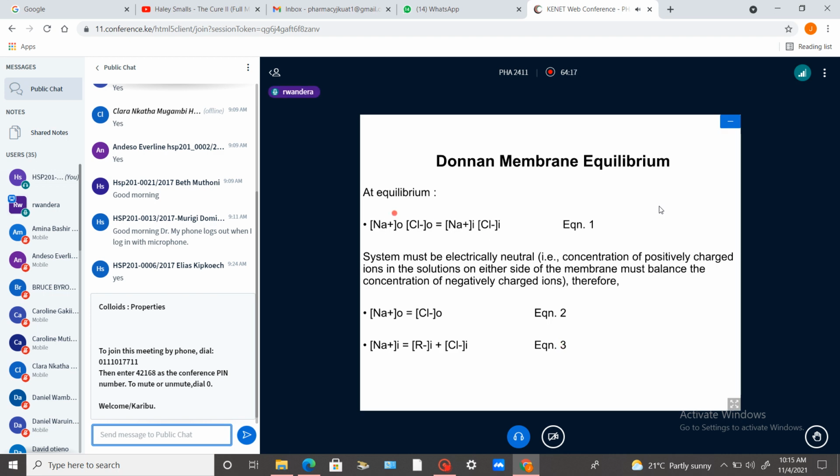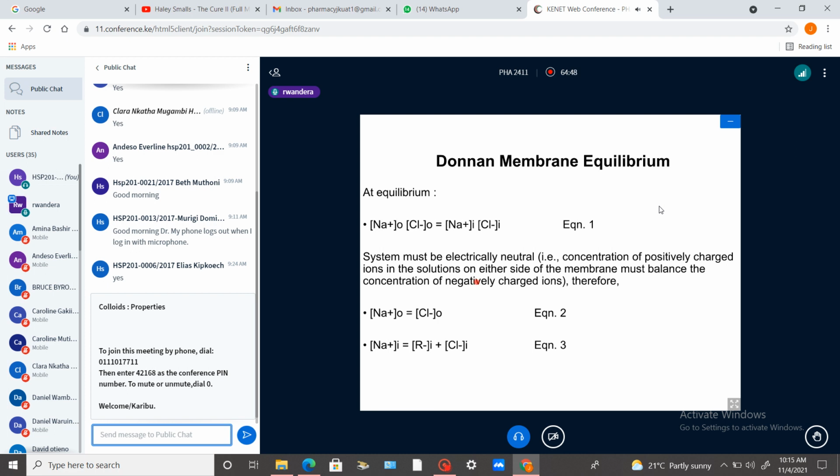So at equilibrium, the sodium and chloride ions on the outside of the membrane will balance the sodium and chloride ions on the inside of the membrane. That is when your system will reach equilibrium. But remember, these are colloidal dispersions, or systems that have to be electrically neutral.